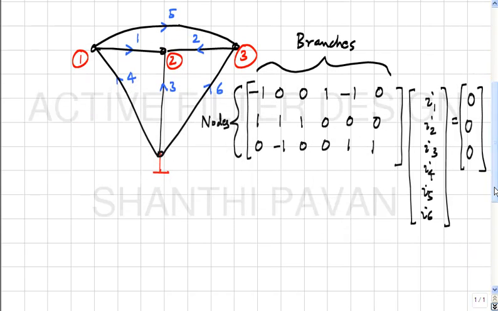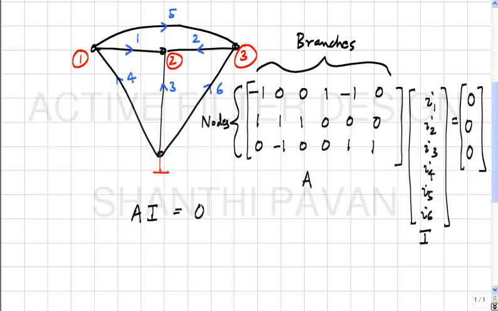Now, if I call this matrix A and if I call this column vector I, then A times I is 0, where 0 is a column vector of 3 elements. Does it make sense? This is nothing but KCL written at all nodes.